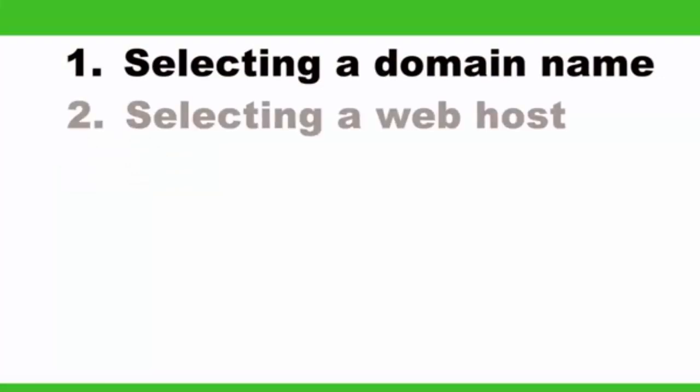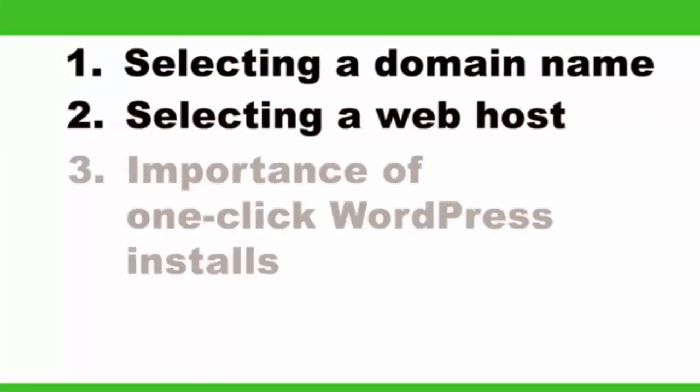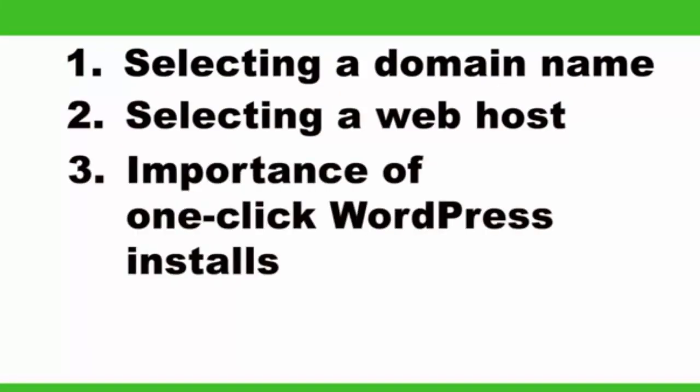The great part about this unit is that it's pretty short, yet action-packed. This phase should only take a few hours to complete, which is a nice change from the really time-consuming process of keyword research. Here's what you'll learn in this unit: the guidelines to pick a domain name, how to select a host, and the importance of a one-click WordPress install.